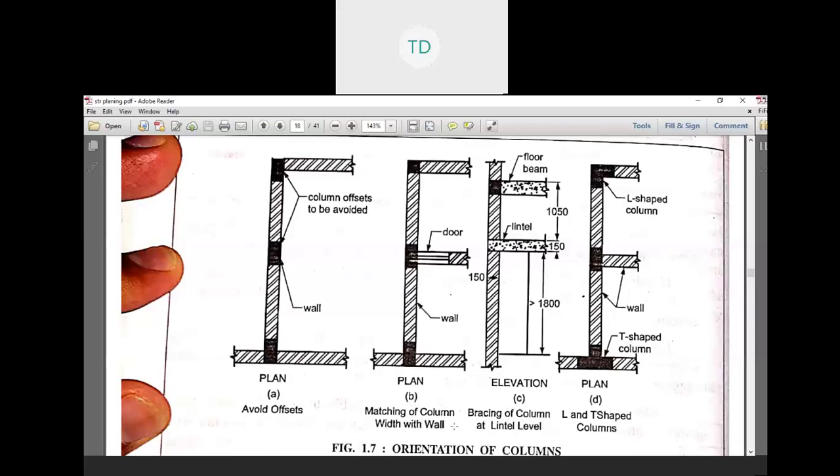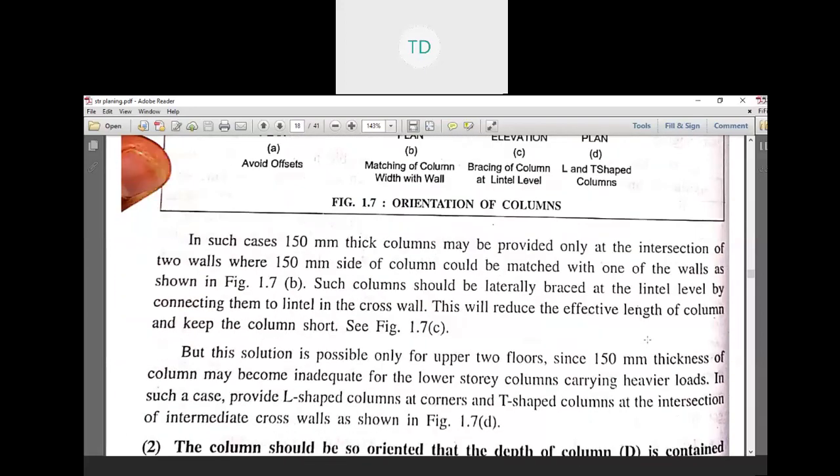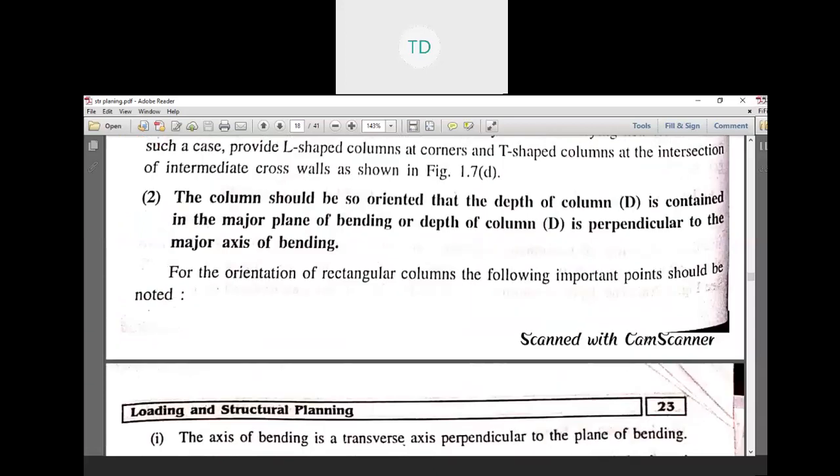Another case, matching of column width with wall. As I already said, the next is bracing of column at lintel level. Columns are braced with lintel such that the lintel is also connected to the column and supported at the lintel level, and the lintel chajja may be constructed very easily.